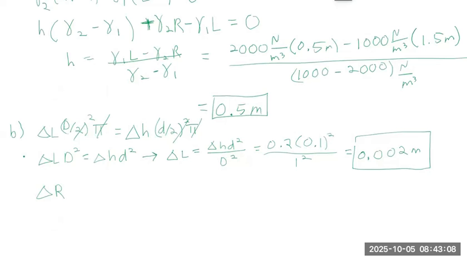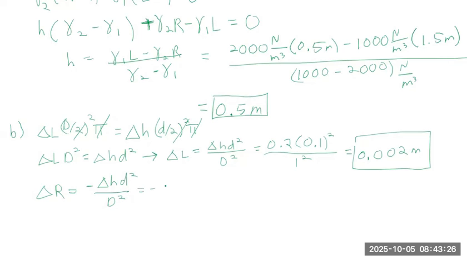Basically, delta L is equal to negative delta H times D squared over D squared.